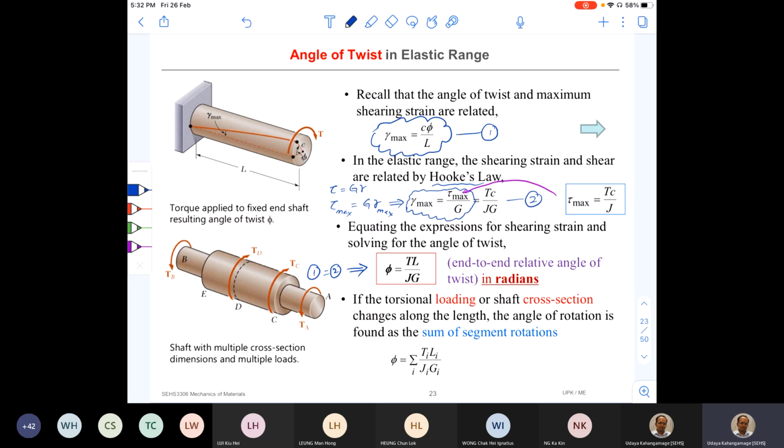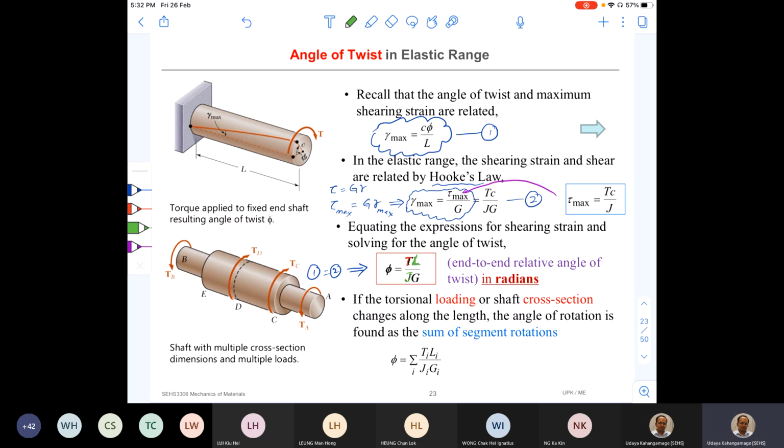And there, you can see the applied load, torque, is in the equation, which is normally known. Then angle phi depends on the length of the shaft L, and it also depends on the cross-sectional geometry, that is the polar moment of inertia.